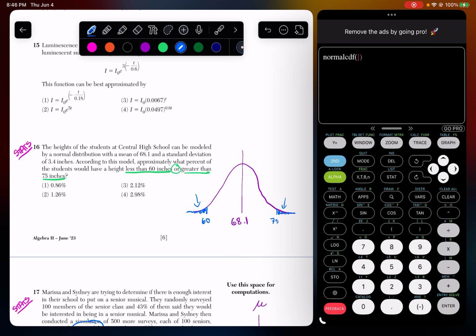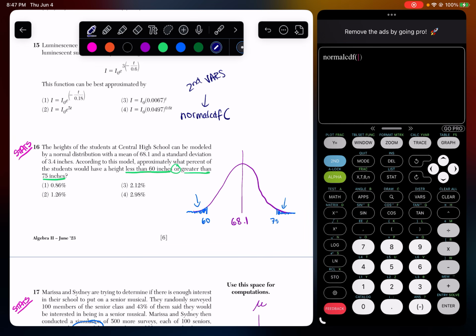The way you type in a normal CDF is you type normal CDF, which is second VARS. Then you need to know what information it's asking for. The normal CDF is going to tell you the percentage of any interval that you want.